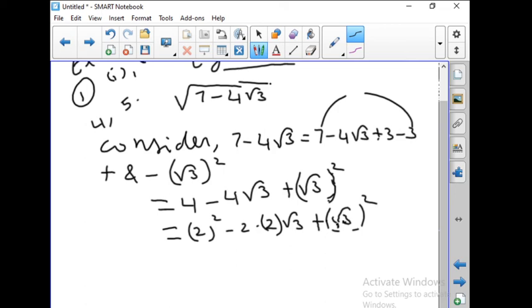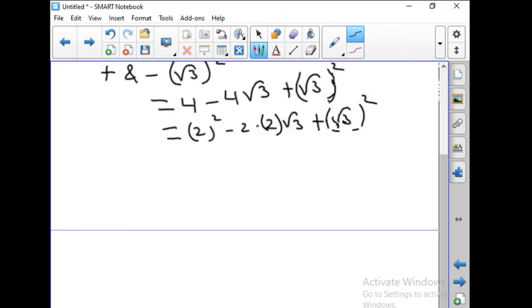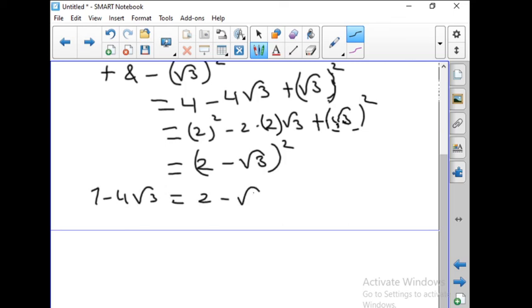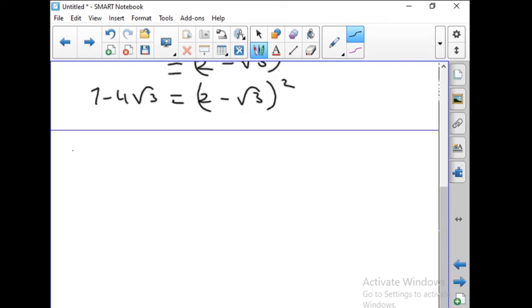So it is of the form a square minus 2ab plus b square. So what is this now? Here we are having minus, so we write it as 2 minus root 3 the whole square. So we get now 7 minus 4 root 3 can be written as 2 minus root 3 the whole square. Therefore, we have to find the square root.